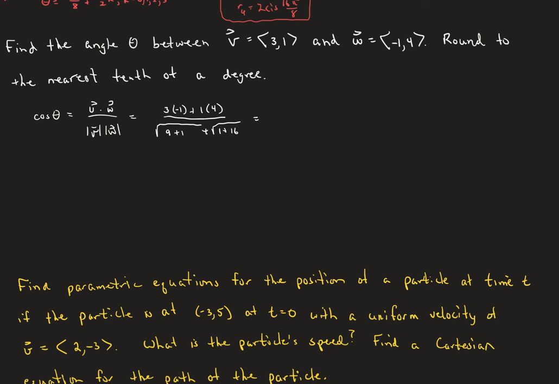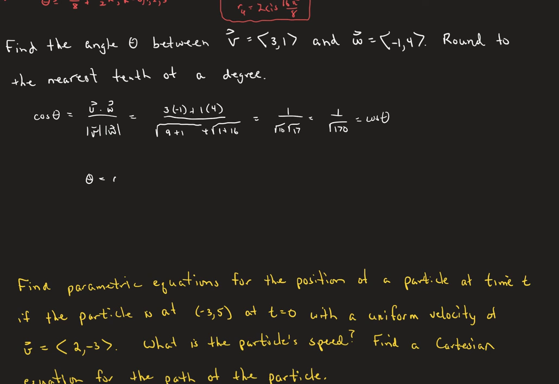So -3 plus 4 is 1 in the numerator, and the denominator is square root of 10 times square root of 17, or square root of 170. Remember, that is cosine of theta.